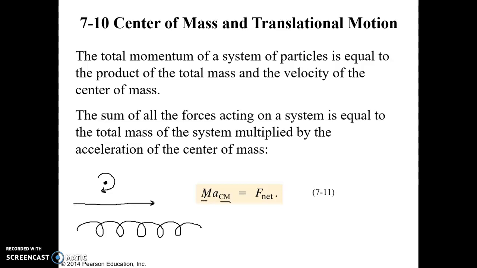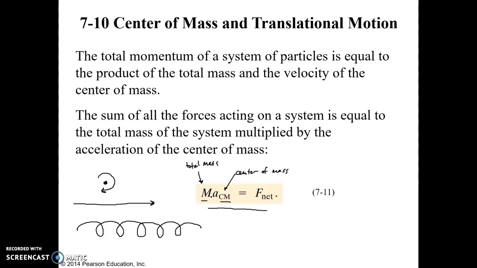So the total mass of a system multiplied by the acceleration of the center of mass equals the net force on that system. So this is basically just Newton's second law of motion, stated a little bit more specifically, for big M being the total mass of a system, and this is the acceleration of the center of mass.